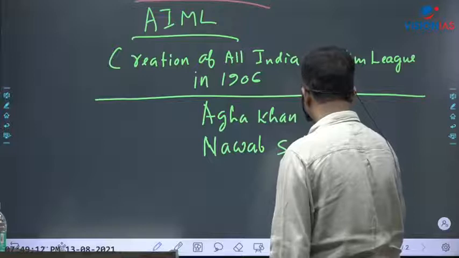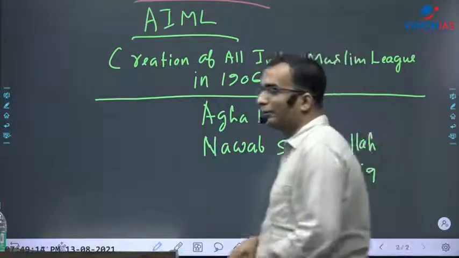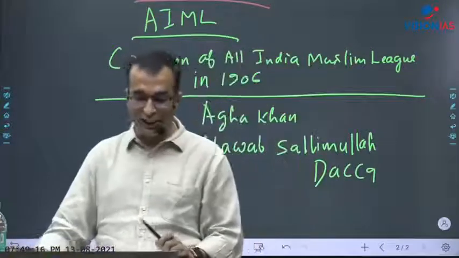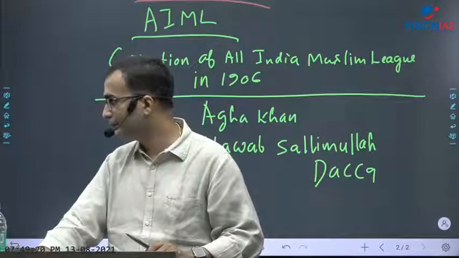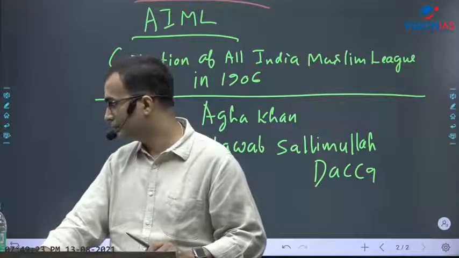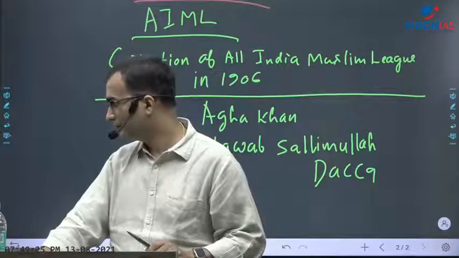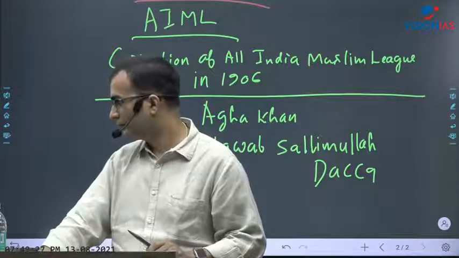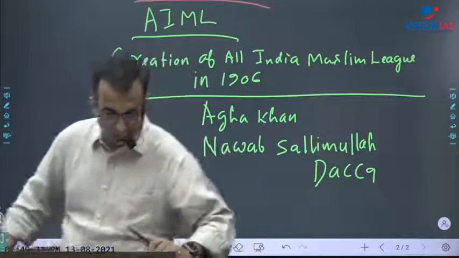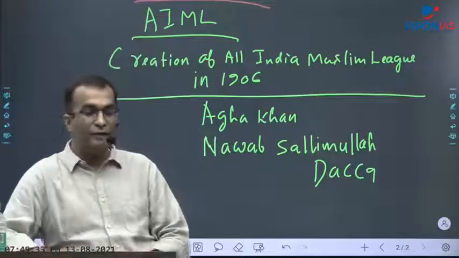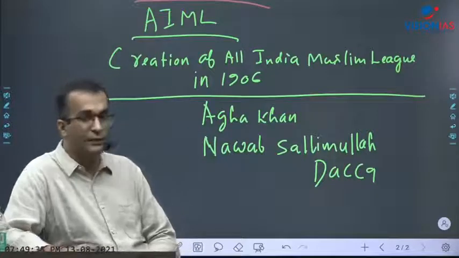You write Dhaka, the way the British used to write it. So in 1906, Aga Khan and Nawab Salimullah of Dhaka led the foundation of the All India Muslim League.